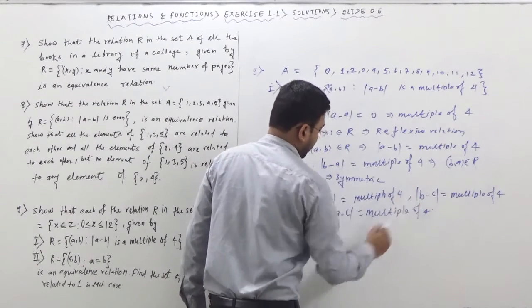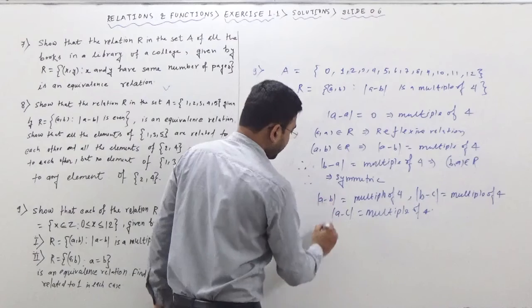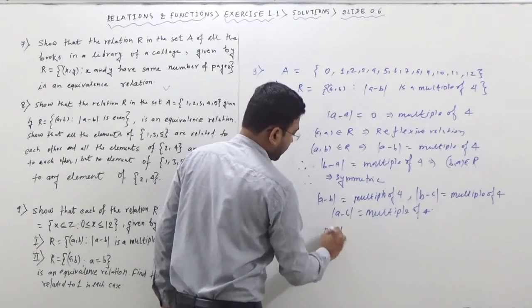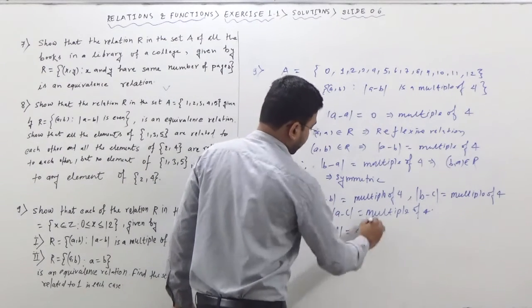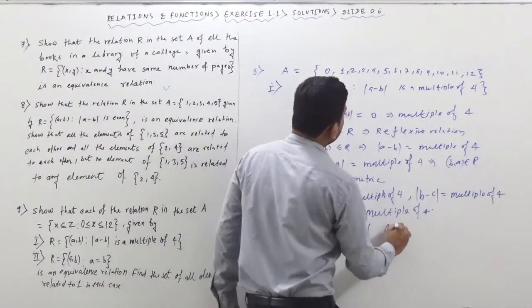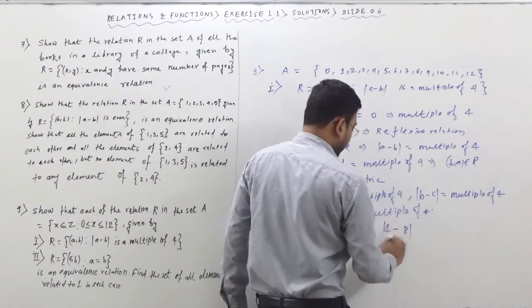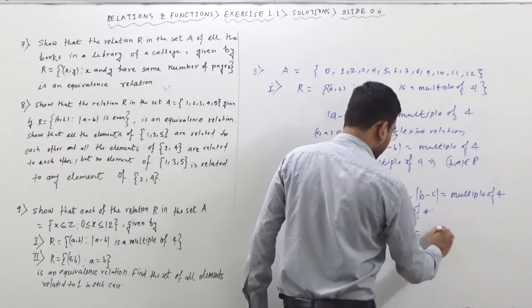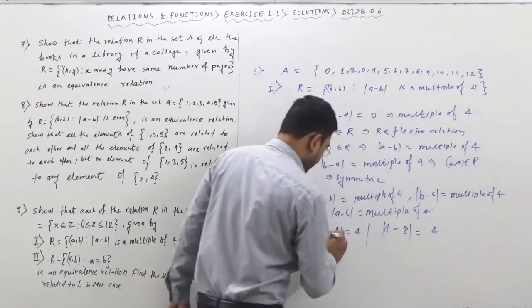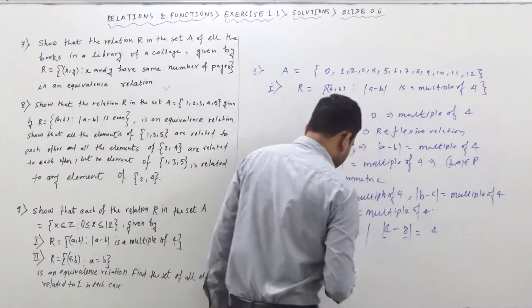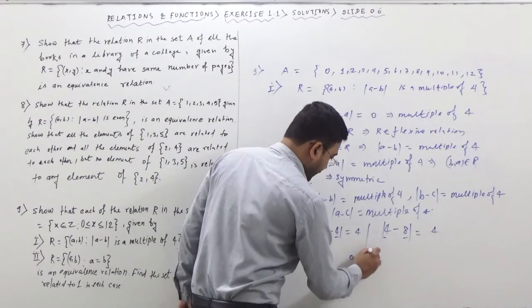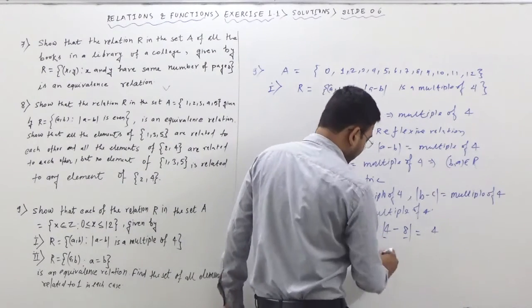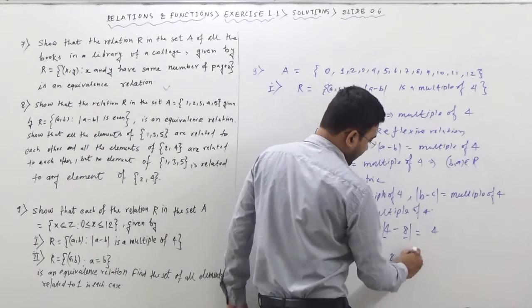If we take A as 0, B as 4, 4 is a multiple of 4. Now if we take 4 minus 8, this will give us 4, which is a multiple of 4. Now this is A, this is B, this is B, this is C. So if we take 0 minus 8, A minus C, it is 8. Yes, this is again a multiple of 4.